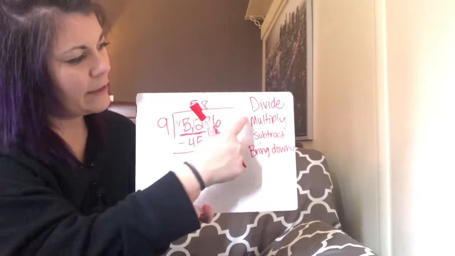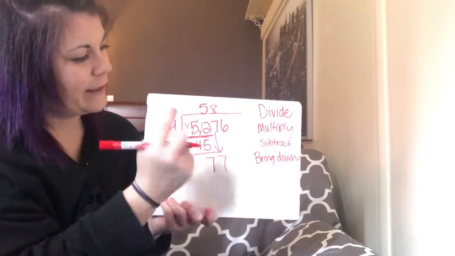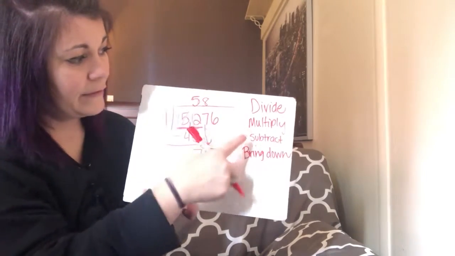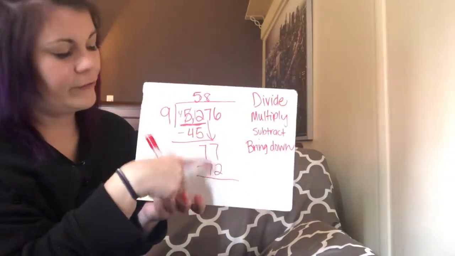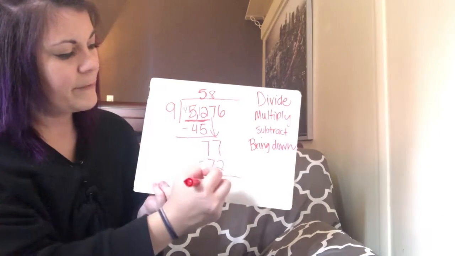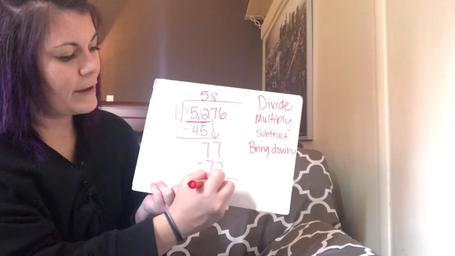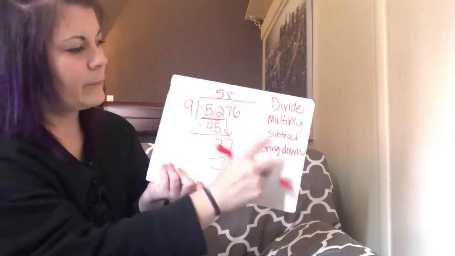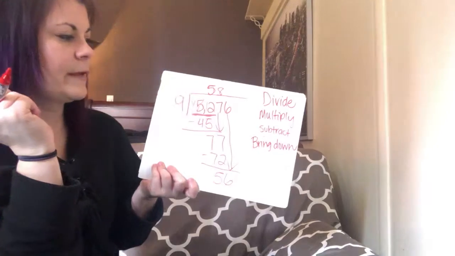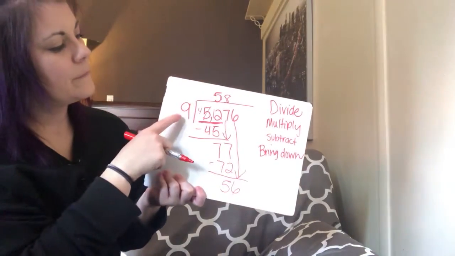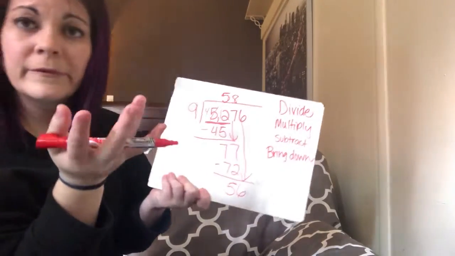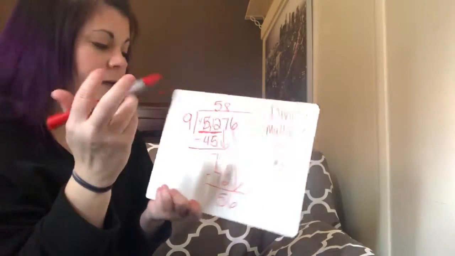So we did the divide, now you multiply. 8 times 9 is 72. Then the third step, subtract. 77 minus 72 is 5. Then we bring down the 6. 56 divided by 9 is easy, because it goes in evenly, 8 times.